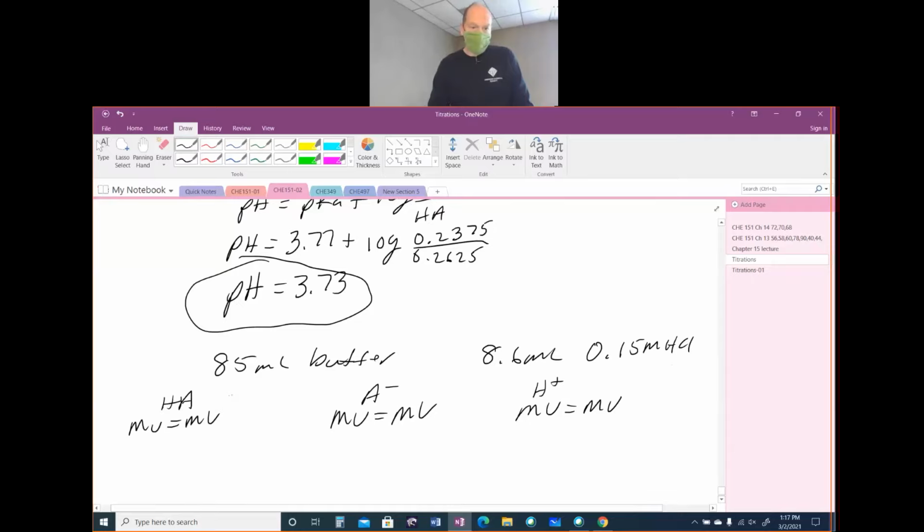All right, and so our molarity of the HA in the buffer was a 0.2625, and we're taking 85 mils of that. Now we want to know what the molarity is now that we have added 8.6. So when you add 8.6 here, you get a 93.6. So we are at a total of 93.6 mils. For the A minus, we had a 0.2375.